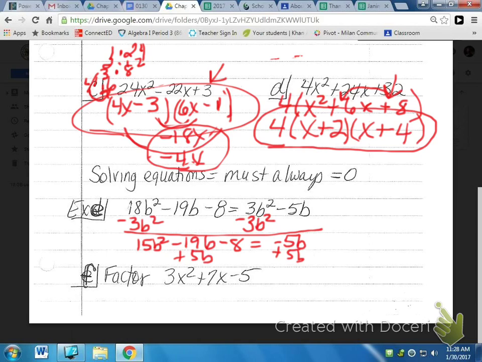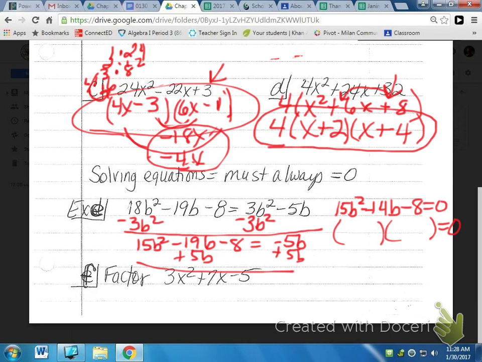It looks like I'm going to run out of room here, probably. Okay, so I'm going to come over here. 15b squared minus 14b minus 8. And that equals 0. Okay, so when I do this, I'm going to go ahead and factor because there's no common term to take out.